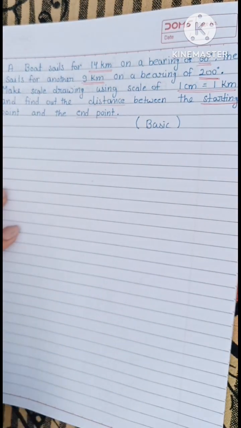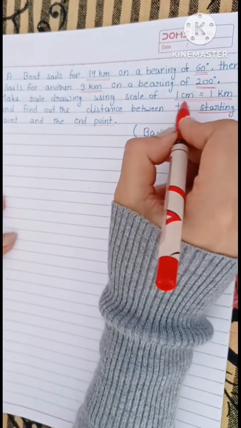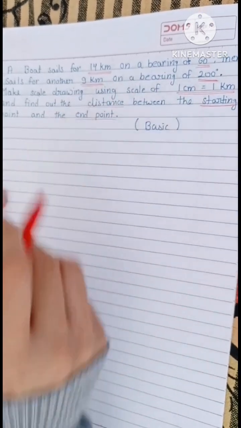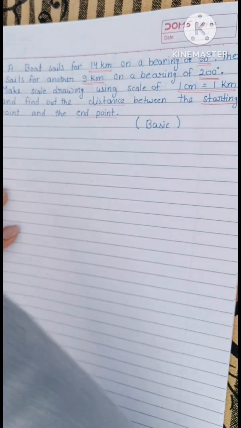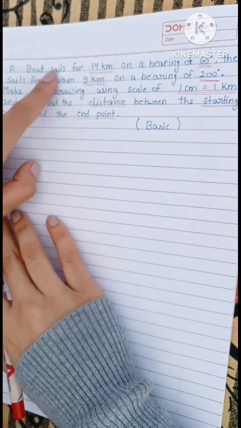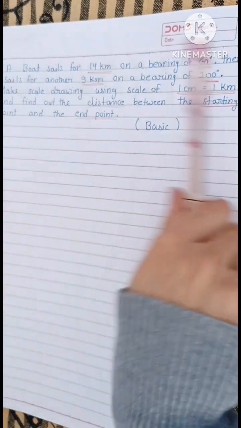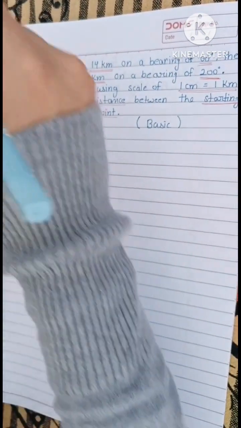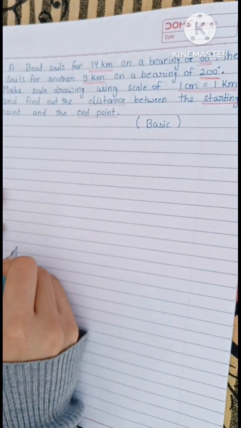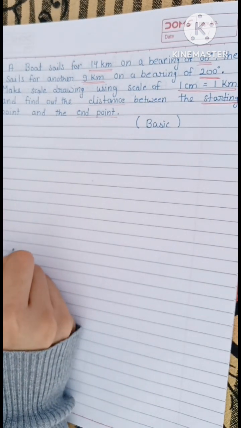First we need to make a scale drawing using the scale of 1 centimeter to 1 kilometer. So let us say the starting point is A. So we are here on point A.